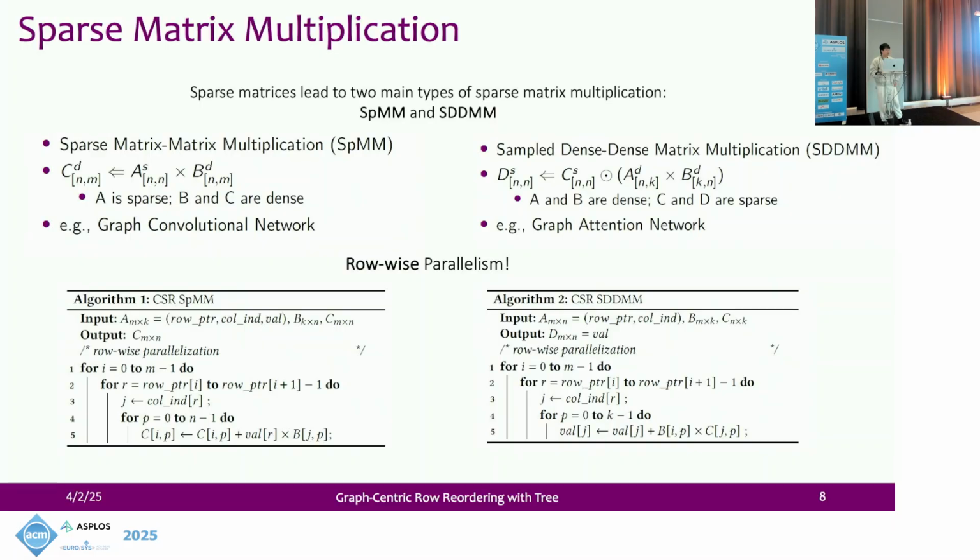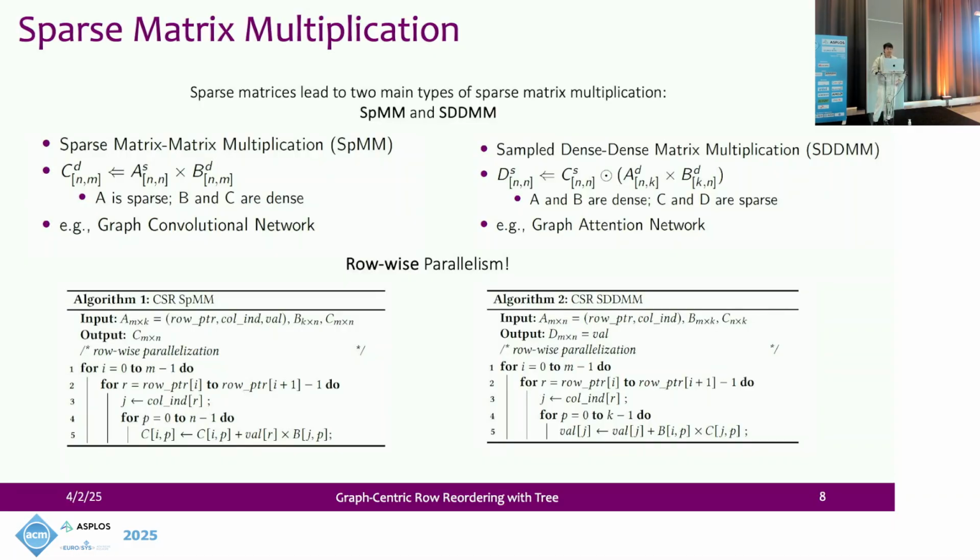In SPMM, one input operand is the sparse matrix, and the other input matrix and the output matrix are dense ones. For SDDMM, it consists of three inputs.